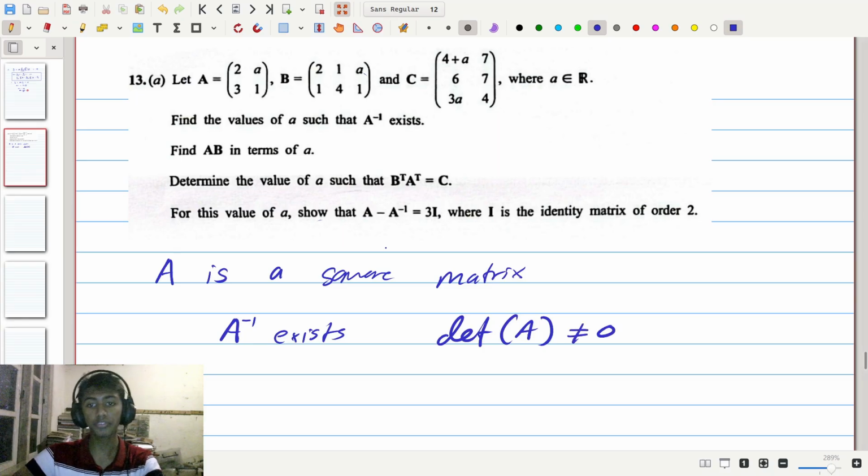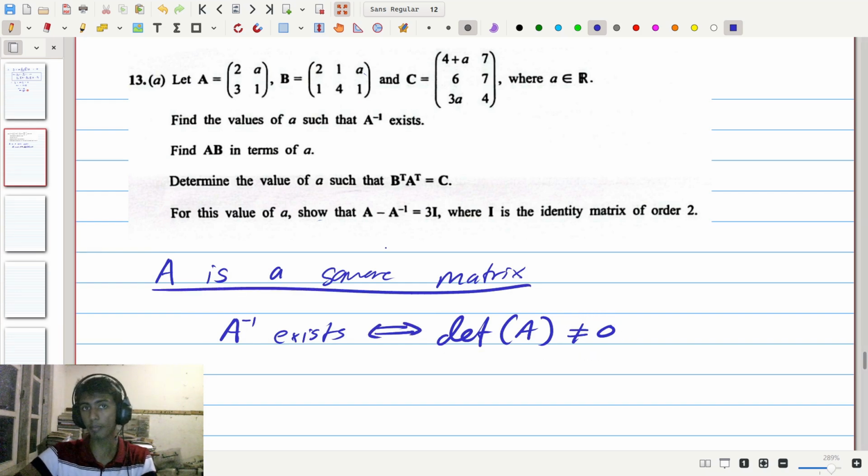Now this is sometimes referred to as |A|, with the modulus symbols on the side of it, but I personally like this notation as it makes it clear that we're talking about the determinant of a matrix. So A inverse matrix exists if and only if det A is not equal to 0, because in this case A is a square matrix already.